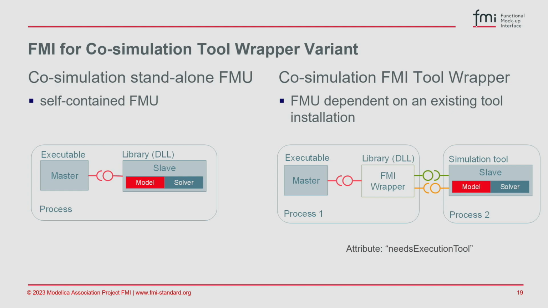From the idea of the FMI standard, you want a portable model that is tool independent, that you can ship to anyone. But there are use cases where you get an FMU, but in order to execute it, you need a certain installed program or certain libraries. In this case, the attribute needs execution tool is there in the XML file.